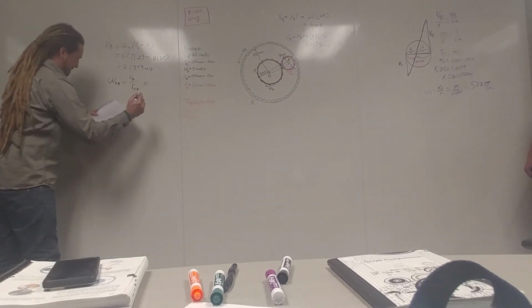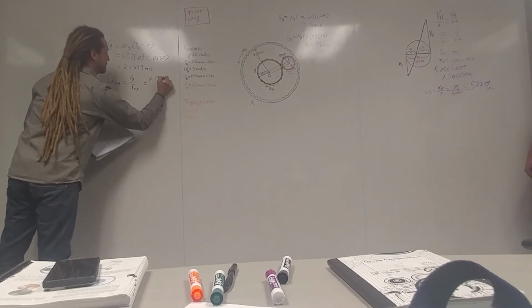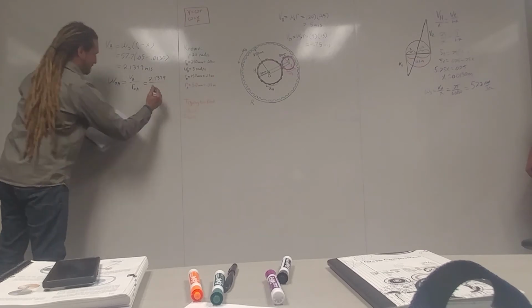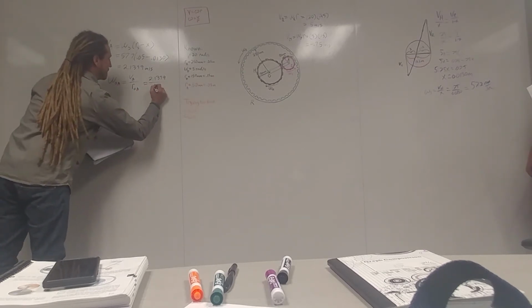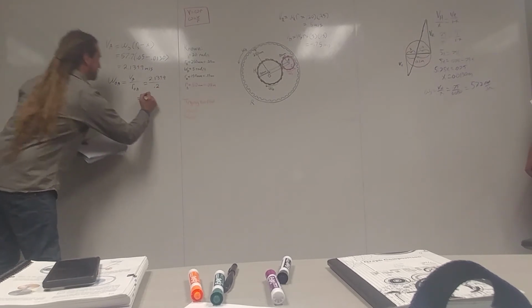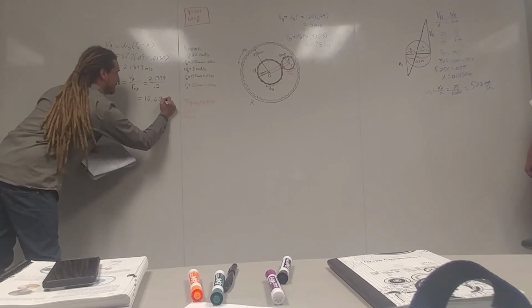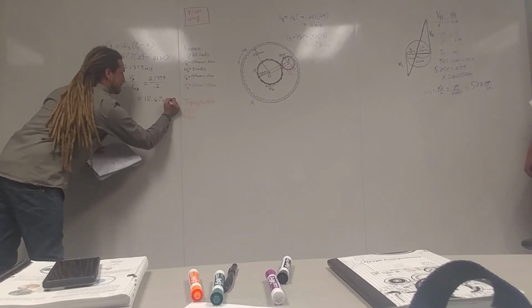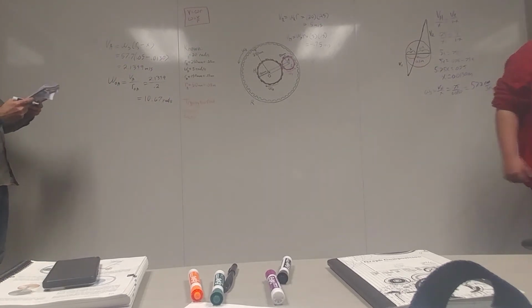So we put that together and we have 2.1349 over, that was 0.2, and that ends up coming out to be 10.67 radians per second.